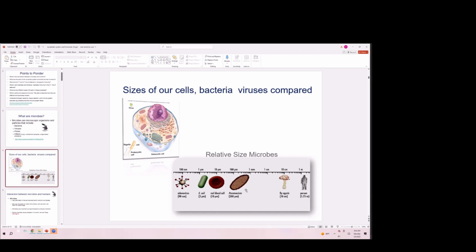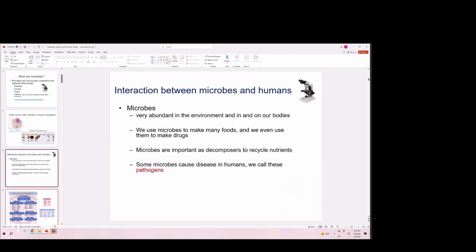So we know that we interact with bacteria in our environment. On our skin, we have bacteria. Inside us, in our stomach, we have bacteria and even viruses. Some of the bacteria serve a purpose for us, some of it good, some of it not so good.